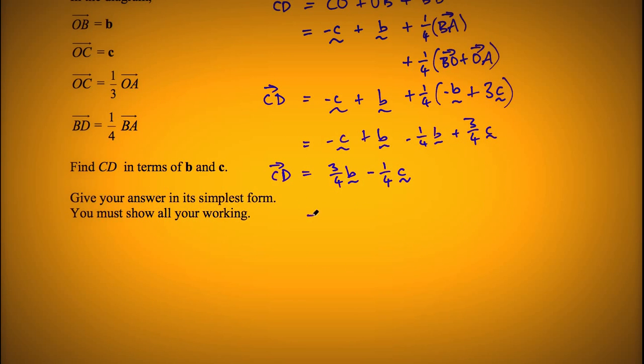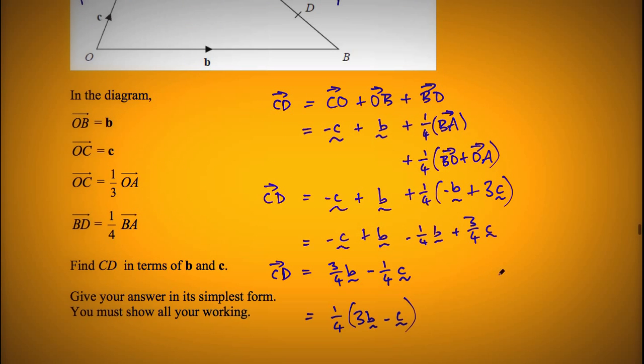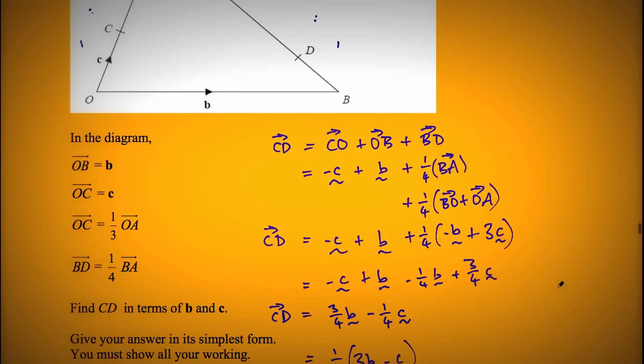I suppose I could put that as 1/4 of 3B minus C. That looks a bit simpler there. So that's my final answer. There may well be other ways to do that that might be simpler, but it was just the first thing that came to my mind.